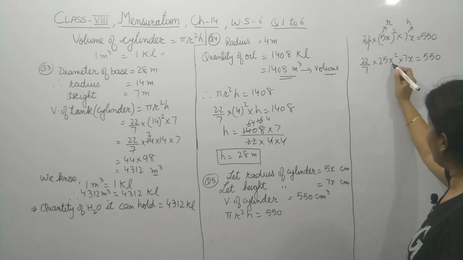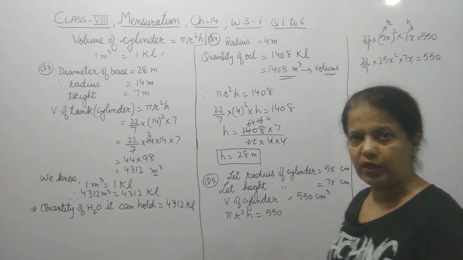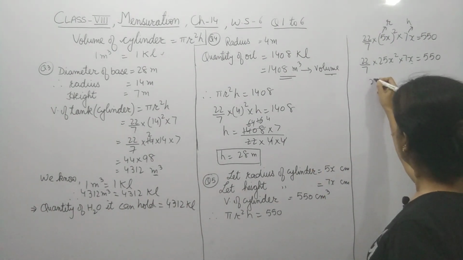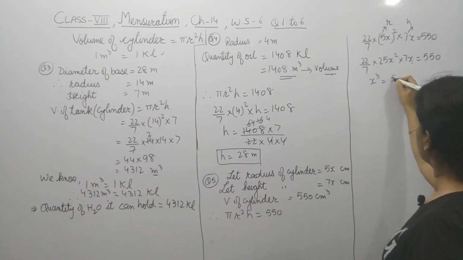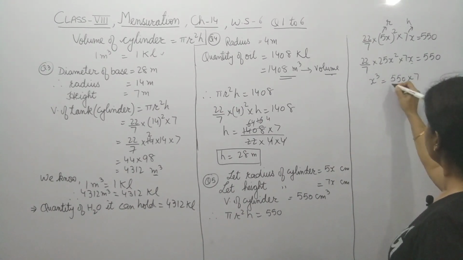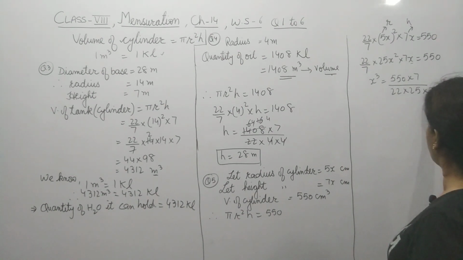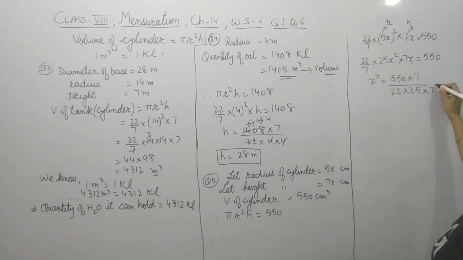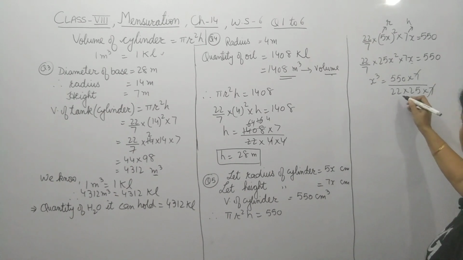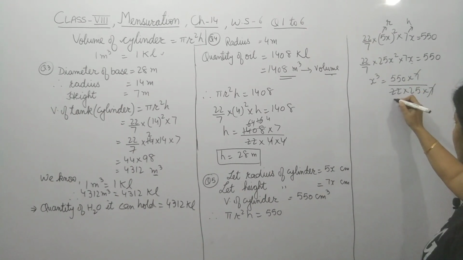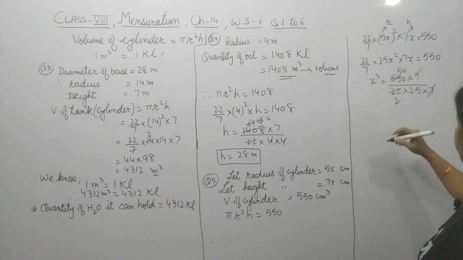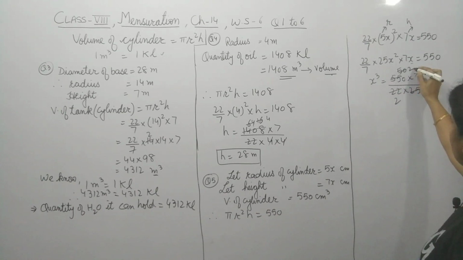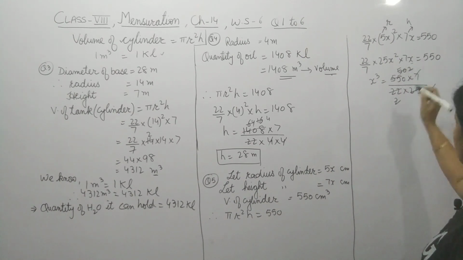Substitute, you will get this one. Now you will take x square into x. What should it be? x cube. Now do the cross multiplication, upon 22 into 25 multiplied by 7. Okay, so cancel it. It goes with 1150 and then 2 and cancel.